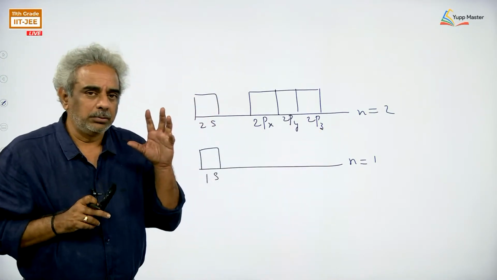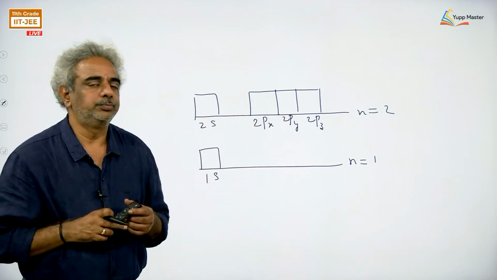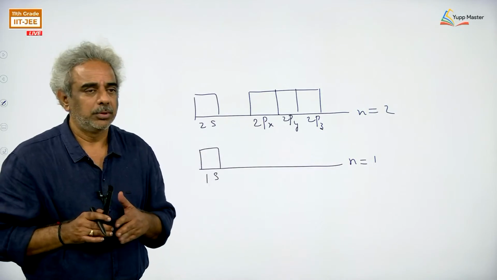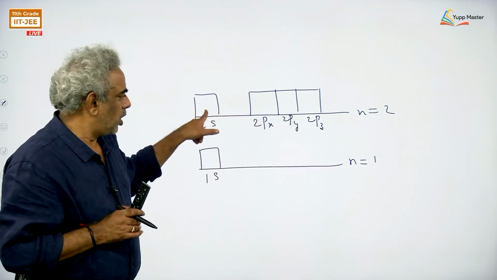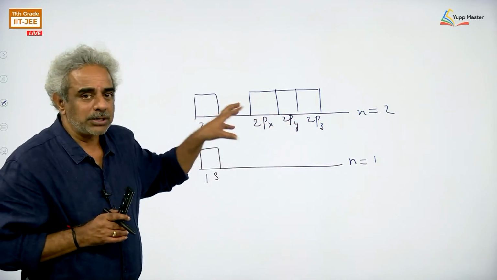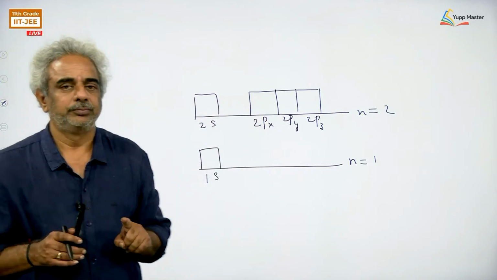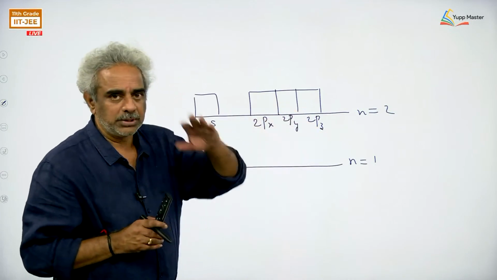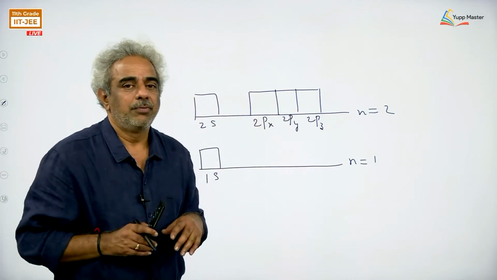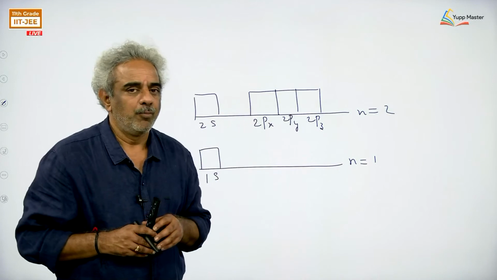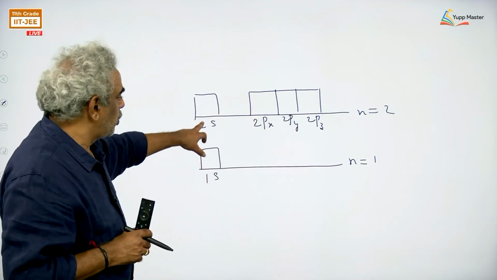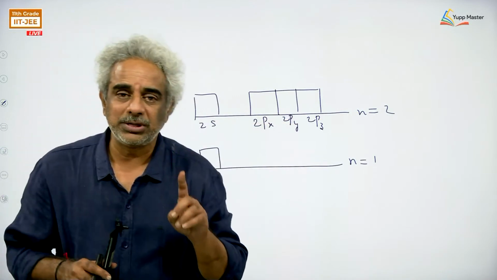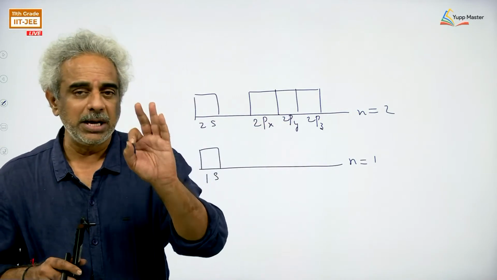Let me warn you, let me advise you, let me highlight a point. Each box is one orbital. Remember, there are 3 orientations, meaning 3 different orbitals for the p level. 2s, 2px, 2py, 2pz, all the 4 orbitals possess the same energy.